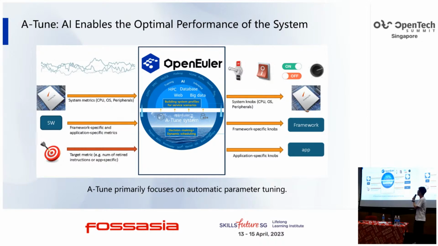Then all the metrics are sent to A-Tune. A-Tune can make intelligent decisions and then output the optimal knobs, such as system knobs, framework-specific knobs, and application-specific knobs. These optimized knobs can make the performance of the system better.